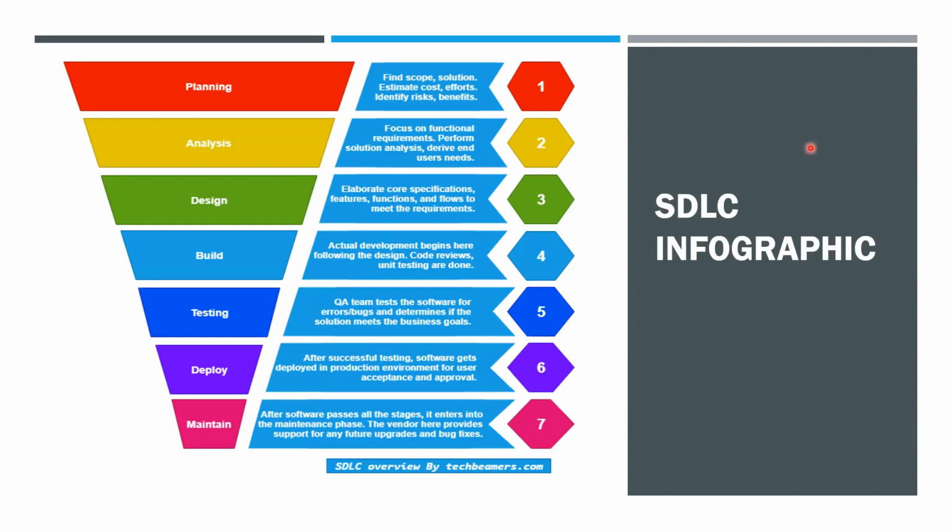Number one is the planning phase, or requirement gathering, right? So you find the scope, you look for solutions. Your scope is the problem, and then you look for the solution. You estimate the costs, the effort, identify any risks, and the benefits that it will bring. This is all the requirements right here.